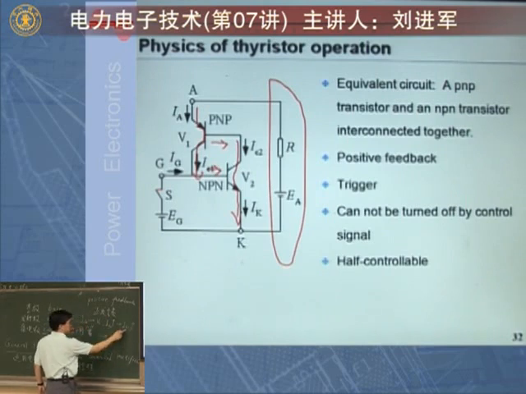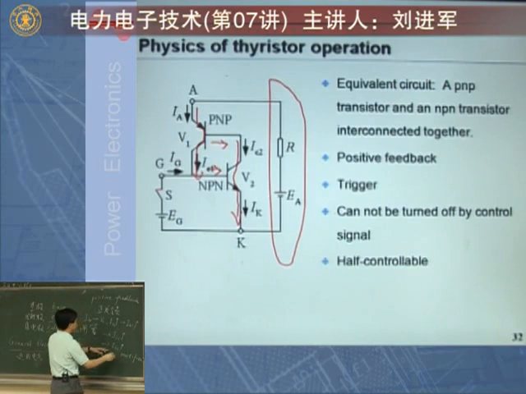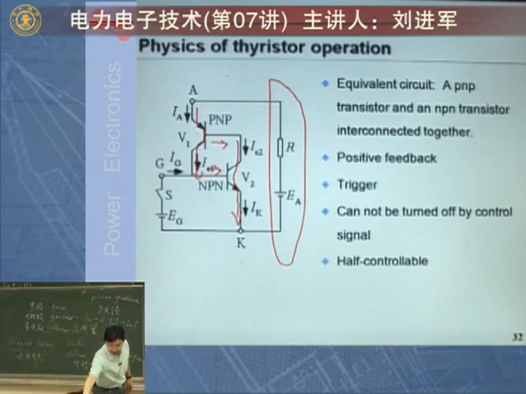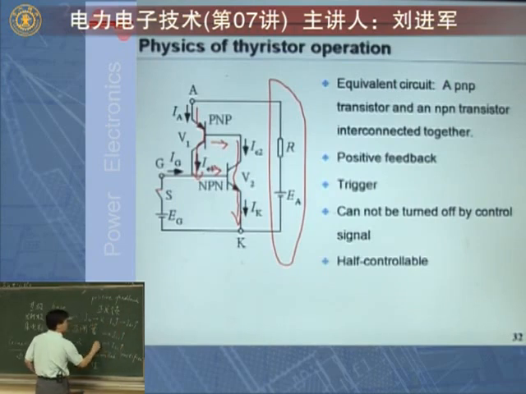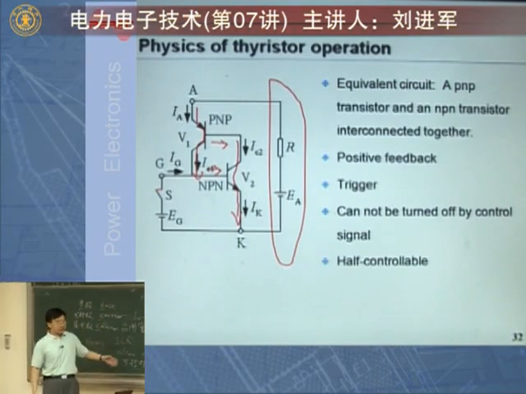When that is getting larger, you get larger collector current for V1. Okay? When V1 has a larger collector current, that collector current is also the base current for V2. So IB2 is getting larger, and therefore it comes back. When you have larger base current for V2, you get larger current for IC2. So that's positive feedback.